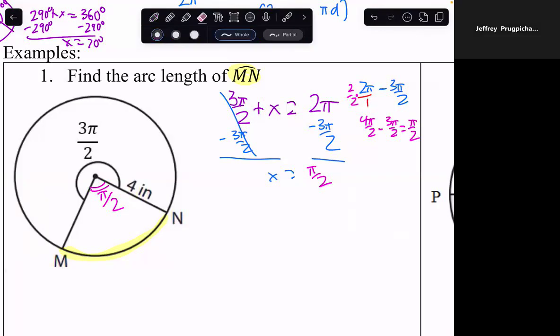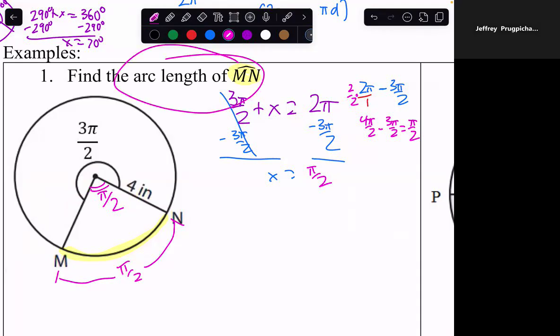Now that I have that, a central angle is equal in measure to its intercepted arc. So this arc is also pi over 2 in arc measure. But this is not the same thing as the arc length.